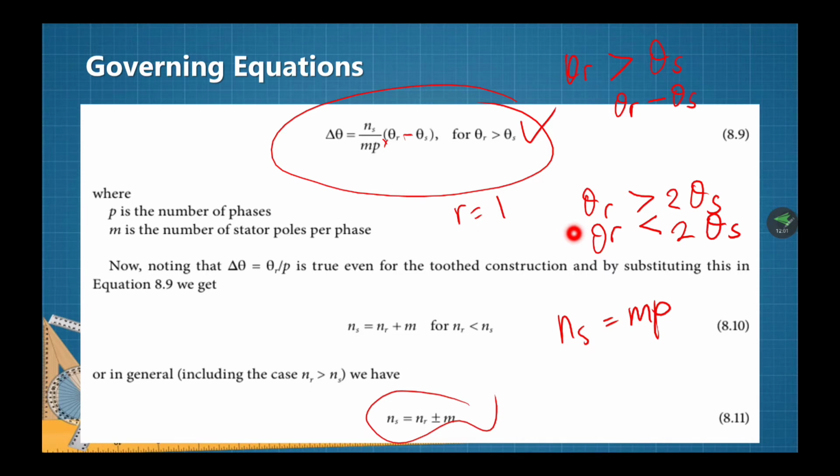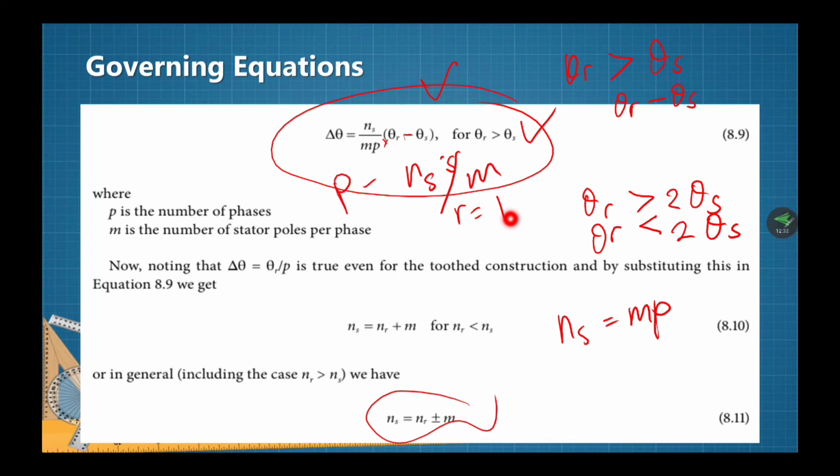For the tooth pole construction, ns is several times the value of mp. In this case, this equation should be used in general. P can be replaced by ns per m.